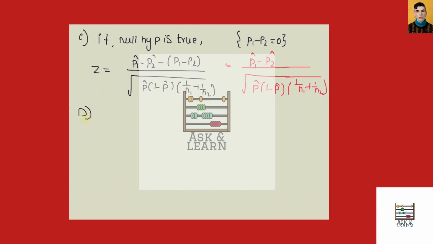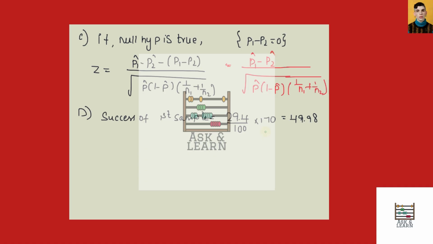Now in the D bit here, the success of the first sample from the given data will be equal to 29.4 by 100 into 170, the total of this, which is equal to 49.98.